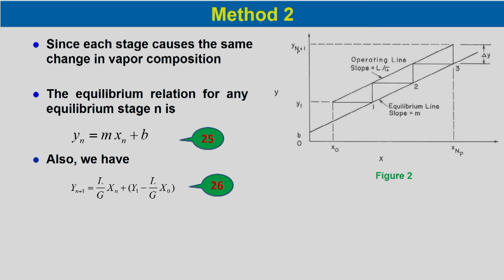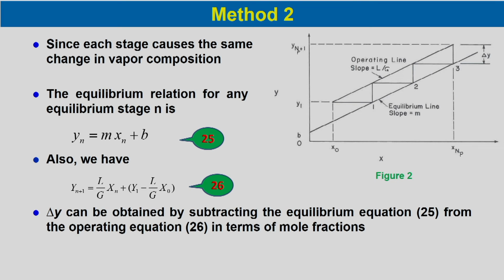Now, we know the operating line equation we derived before: y n plus 1 equals L by G x n plus y 1 minus L by G x naught. So, delta y can be obtained by subtracting the equilibrium equation 25 from the operating line equation 26, in terms of the mole fractions, small y and small x.